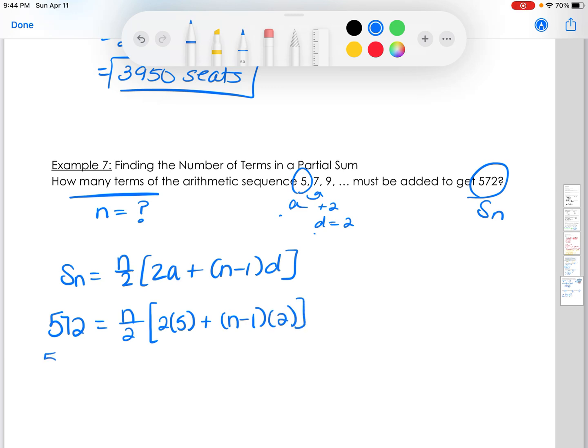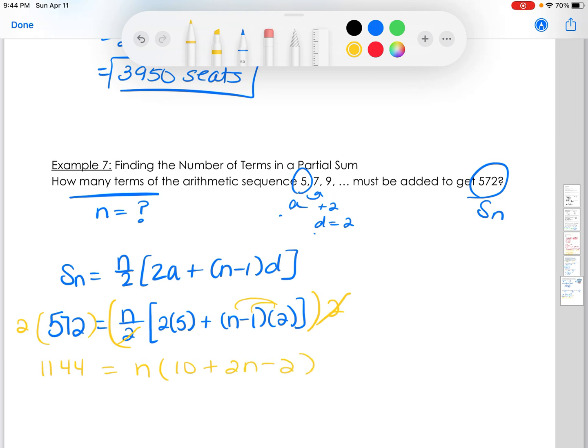Let's see. 572. I'm going to multiply both sides by 2, actually. Let's get rid of that 2 on the bottom there. Okay. So 572 times 2 is going to give us 1144 is equal to N times, that's 10, plus, and let's distribute that, 2N minus 2.